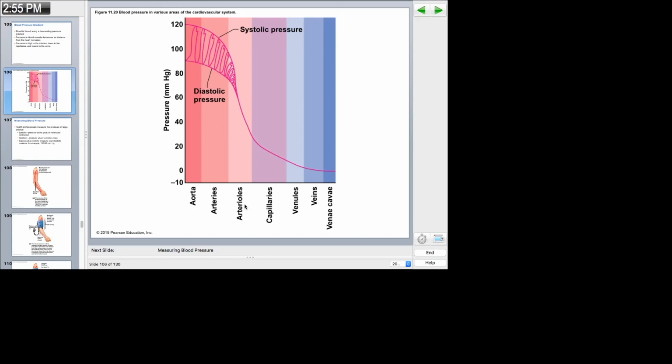The first time you hear it is your high number, your systolic pressure. And then you will hear it until all resistance is gone from the blood pressure cuff. That is your diastolic pressure. That's where your 120/80 number comes from. 120 is your systolic, 80 is your diastolic, and it is the difference of where you hear the resistance from the blood as it works its way through the blood pressure cuff.